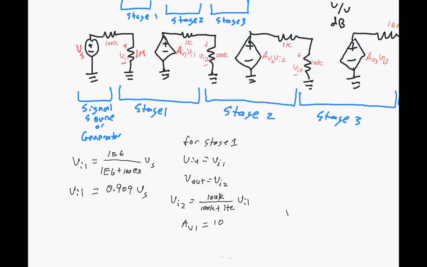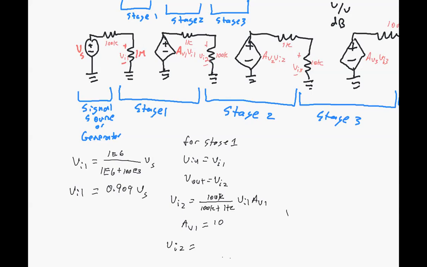With that, if we put all these numbers in, that should be 10 times VI1. So then VI2 would be 100K over 100K plus 1K, or 100 over 101, times 10.